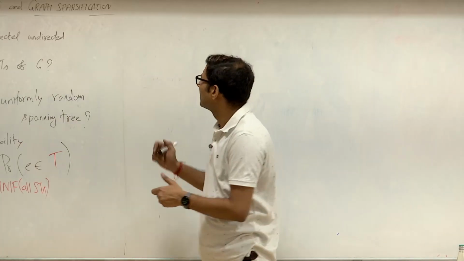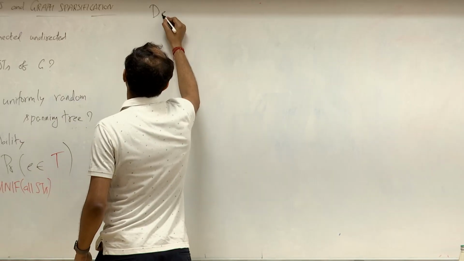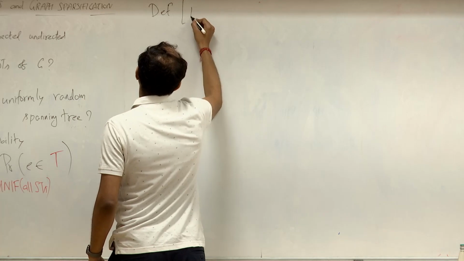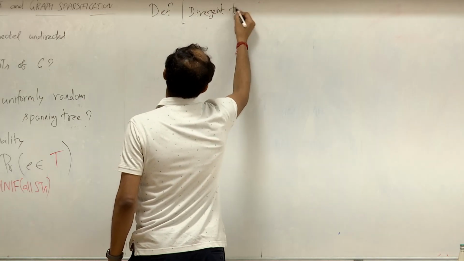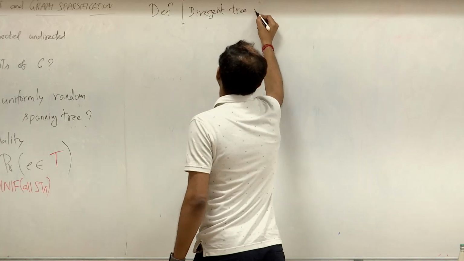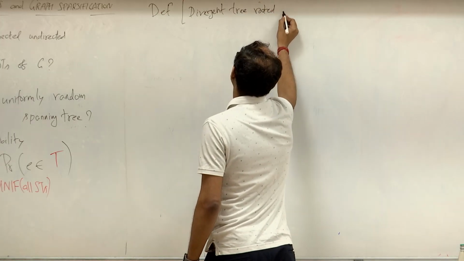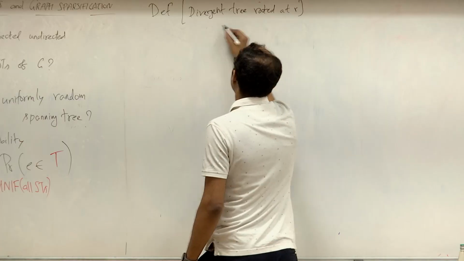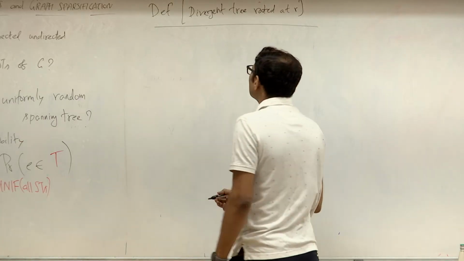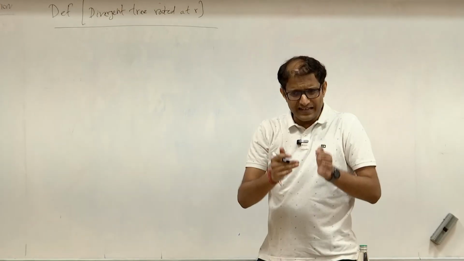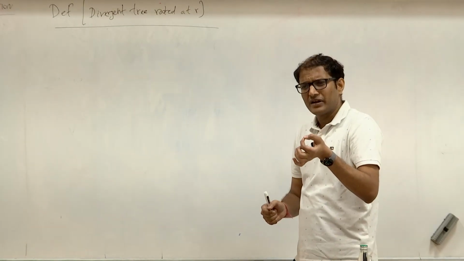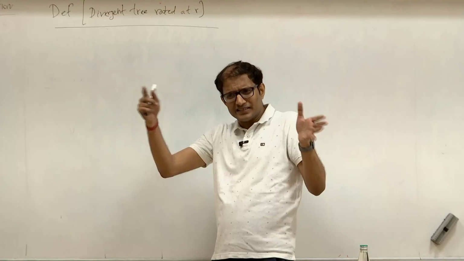So let's see what kind of objects we want to define. We define a divergent tree rooted at a vertex called R. This is a tree that kind of diverges. There is a node R, and it repels all the edges away from it.